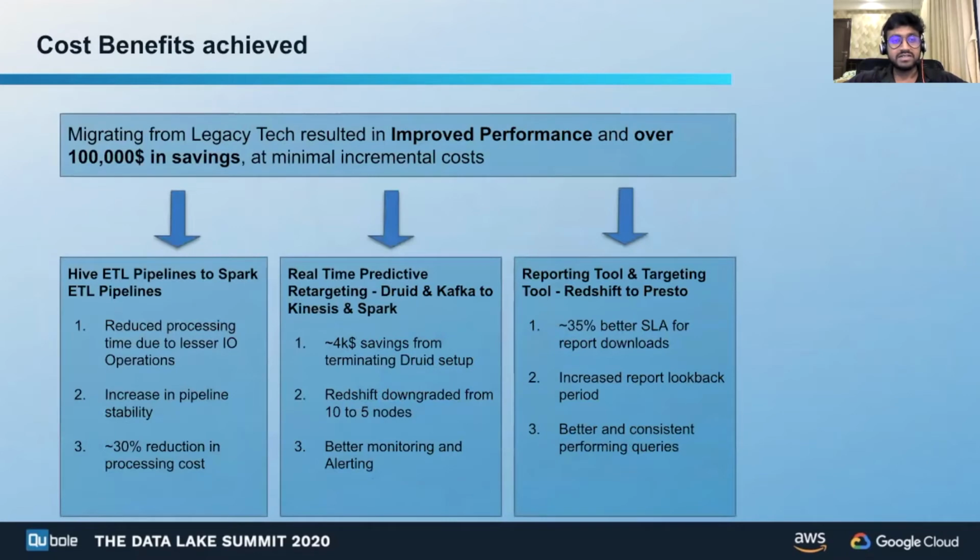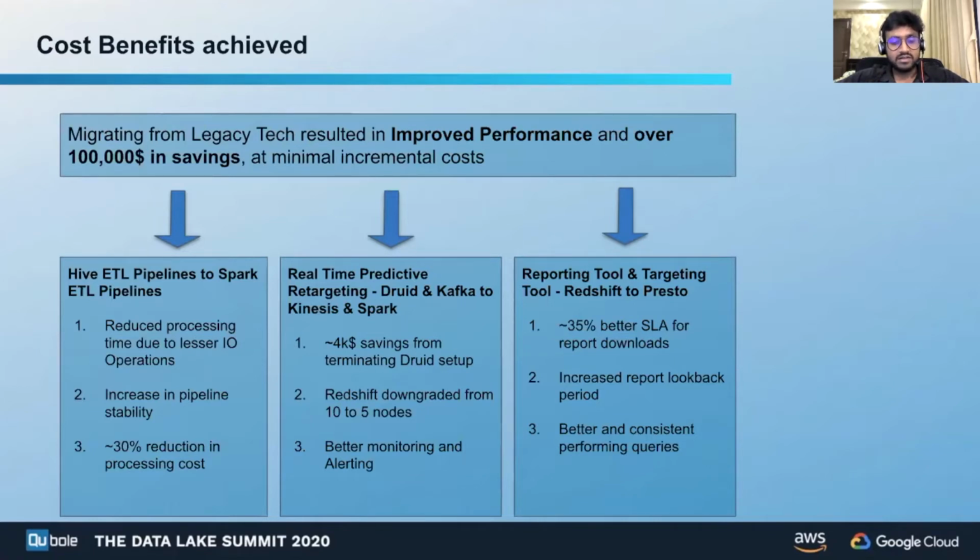What were the benefits that we see from these exercises? So when we moved from Hive ETL pipelines to Spark ETL pipelines, one of the major benefits that we saw was lesser IO operations taking place in the Spark engine. Spark being an in-memory computation, the pipelines benefited from this.